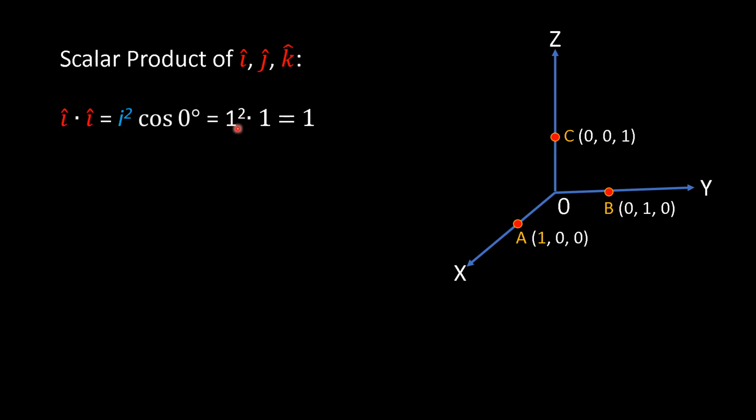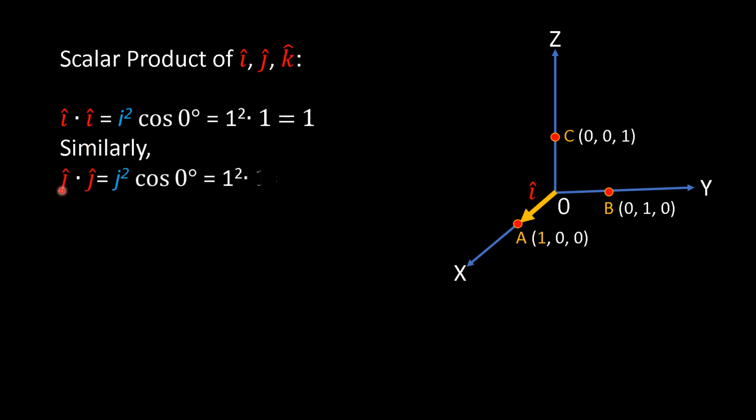So it will be 1 squared, because the magnitude of i cap is 1, times 1 because cos 0 is 1. So i cap dot i cap will be 1, where i cap is a unit vector along the axis OX.